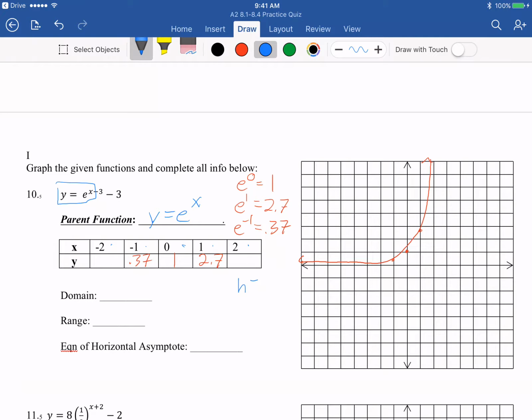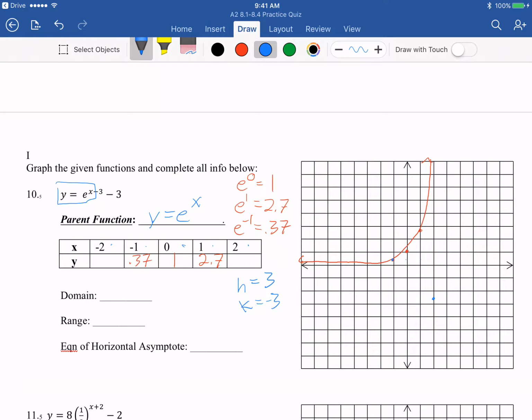Now we have to find out what my h and my k are. My h is equal to 3 here, and my k is equal to negative 3. That is going to move my graph to the right 3 and down 3. So for every one of these points, I go 1, 2, 3 to the right and down 3, 1, 2, 3.